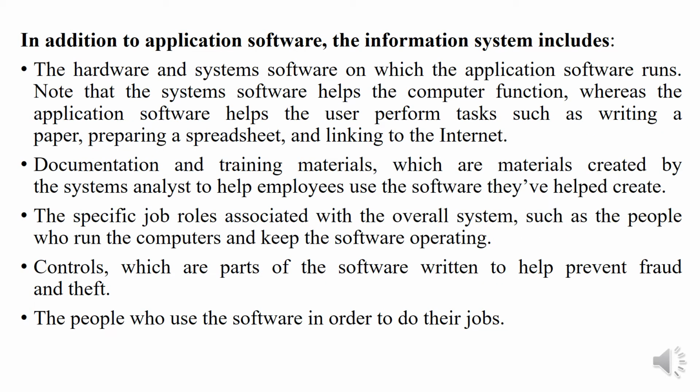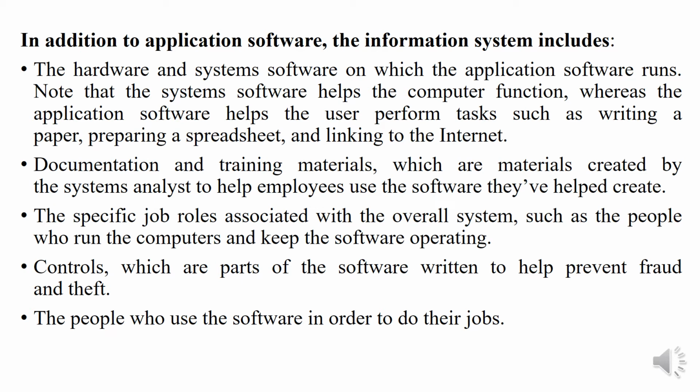The application software as an information system includes the hardware and system software on which the application software runs. System software helps the computer function, whereas application software helps the user perform tasks such as writing a paper, preparing a spreadsheet and linking to the internet.